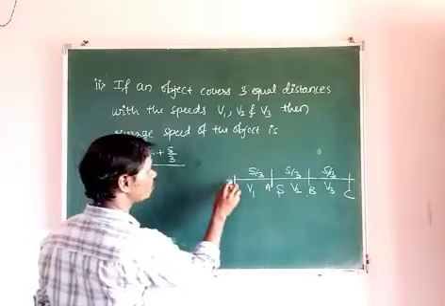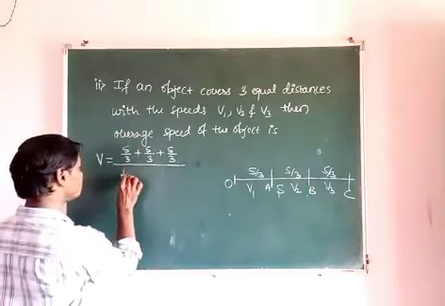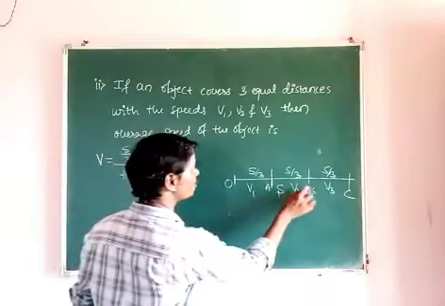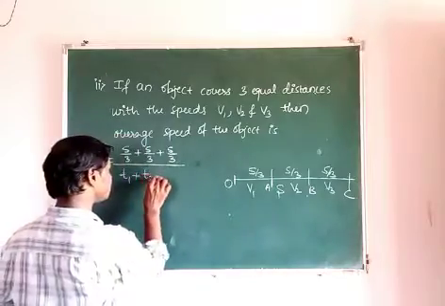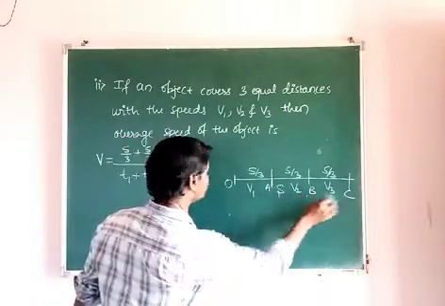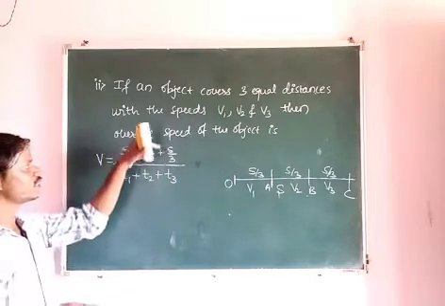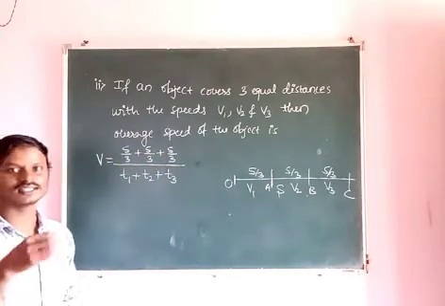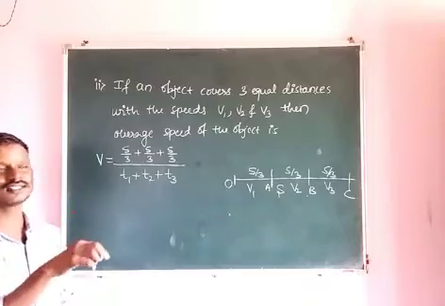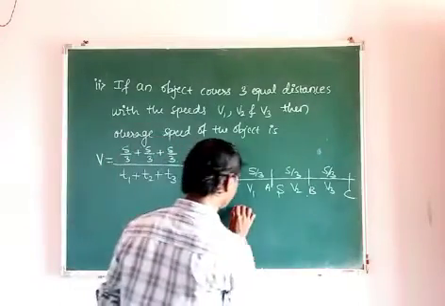Time taken from O to A is T1, from A to B is T2, and from B to C is T3. S by 3 plus S by 3 plus S by 3 is 3S by 3. The 3 gets cancelled, so the total distance is S.